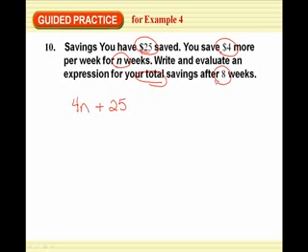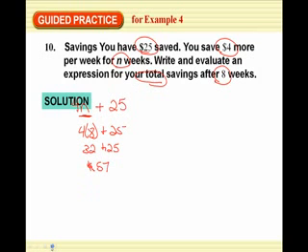And it says we saved for 8 weeks, so that's what we're going to put in right here. So 4 times 8 plus 25, 4 times 8 is 32, plus 25 is 57, you would have $57. Let's see if it agrees with me. Yep, we just have that in a different order, which doesn't matter. $57.